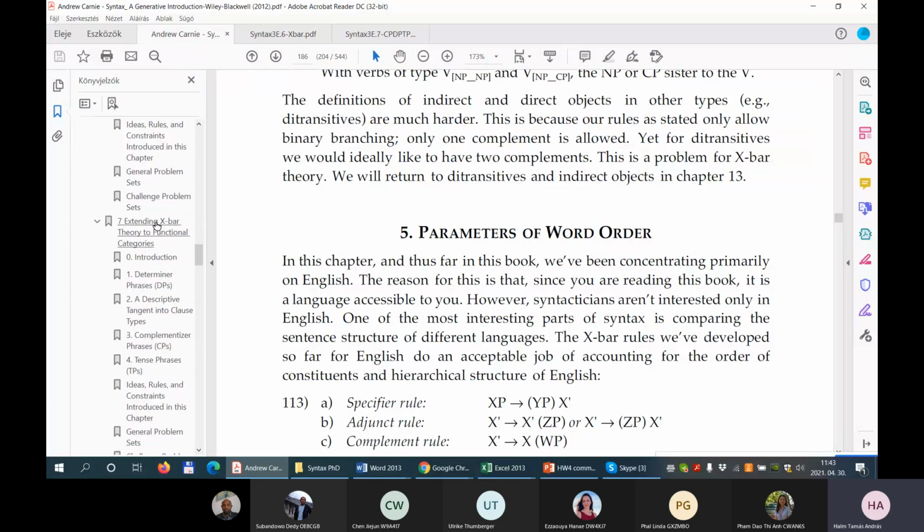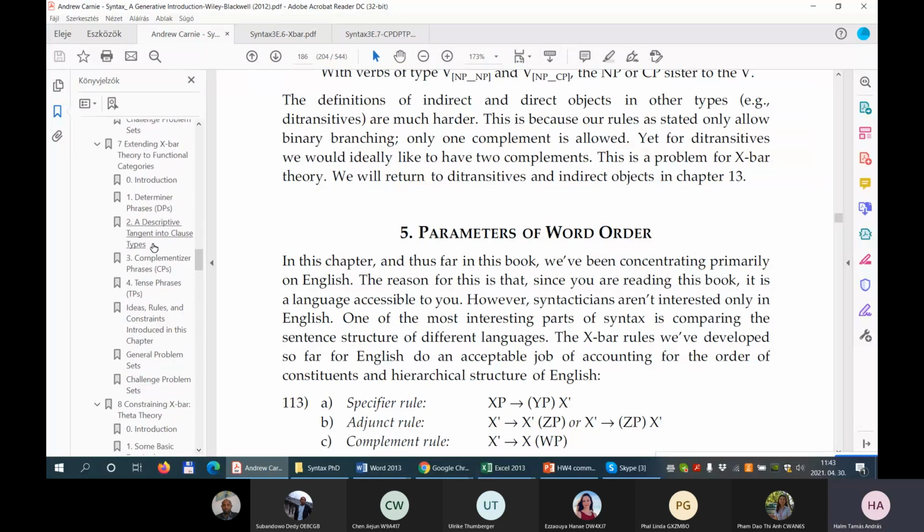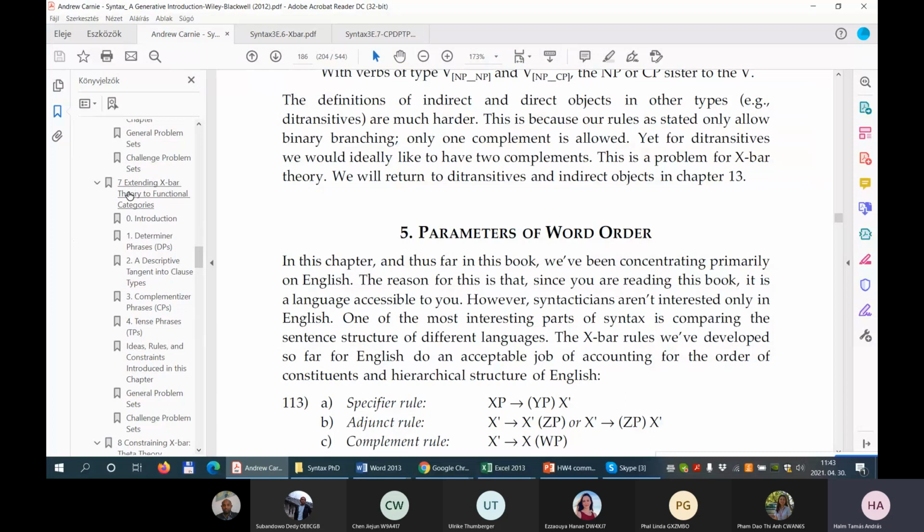Okay, so this is one task. Please read chapter 7. And I will also send you some homework later today concerning chapter 7. Okay, so that's what we are going to do in order to proceed with the material. So required reading is chapter 7.